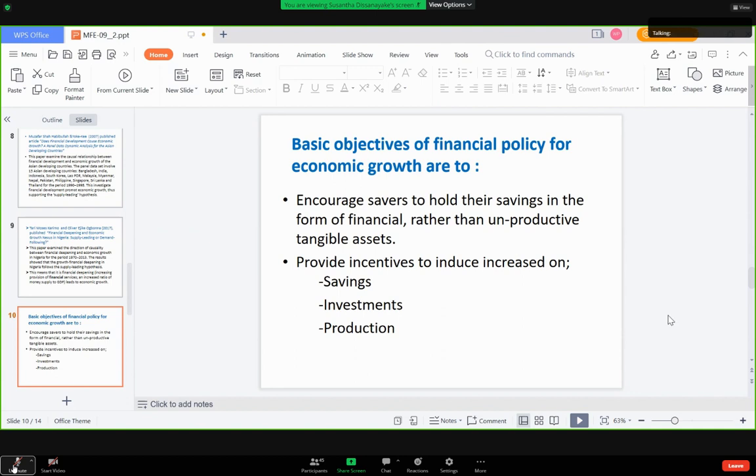Here, the basic objectives of financial policy for economic growth are to encourage savers to hold their savings in the form of financial rather than unproductive tangible assets. That means encouraging savings with financial institutions.